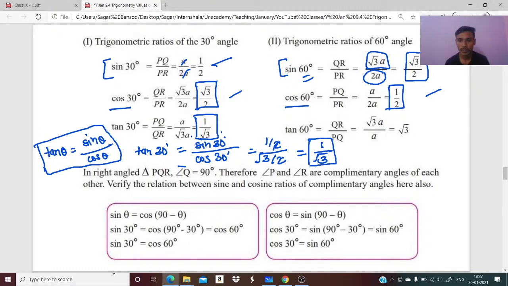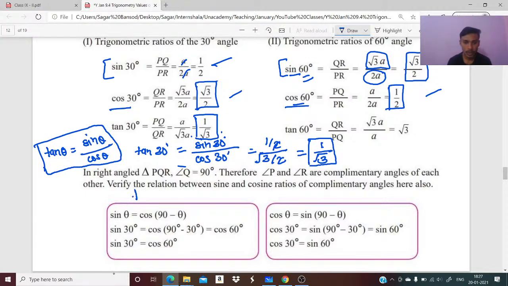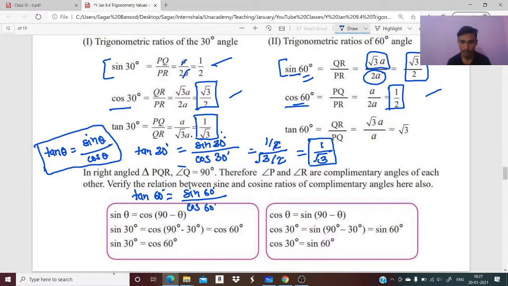Similarly, you can find out the value of tan 60 degree using the sine and cos values of 60 degree. Let me write here. Your tan of 60 degree will be equal to sine of 60 degree upon cos of 60 degree.